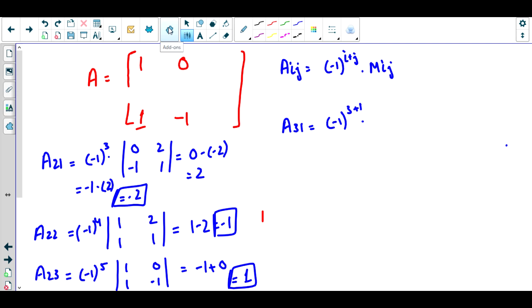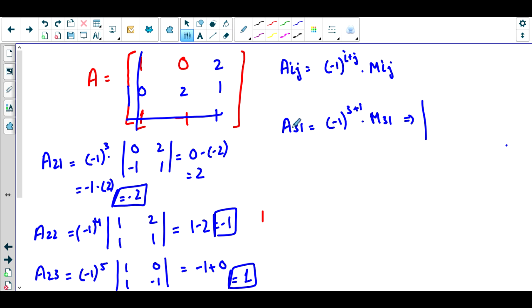We had 1, 0, 2 and 0, 2, 1, 1, minus 1 and 1. So A31. When we say A31, we have to take minor M31, which is the third row and the first column.